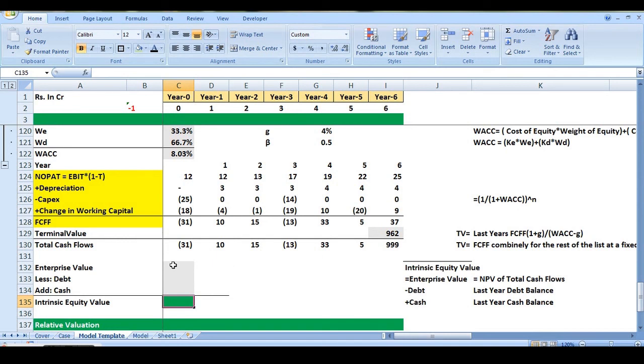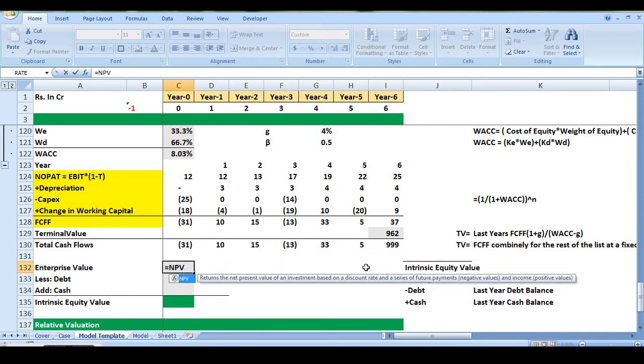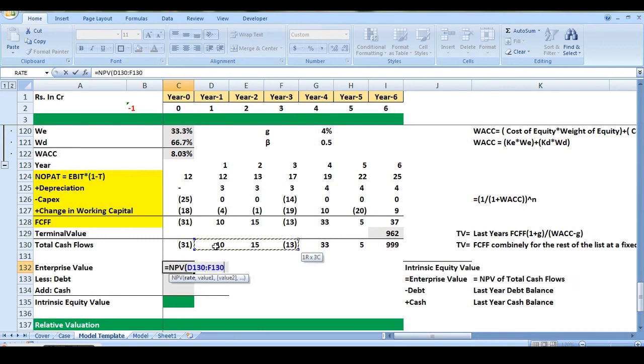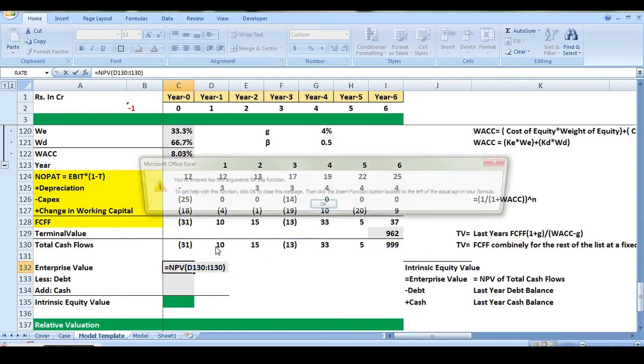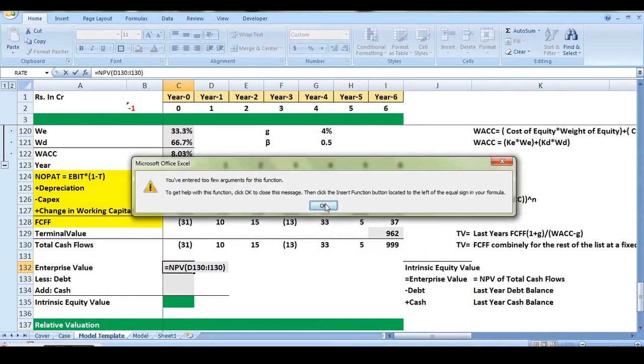Now enterprise value is equal to net present value of all the cash flows, but always consider cash flows from year 1 only and use the NPV formula. Those who have followed my Excel videos, they know how to calculate it. Simply take the values from year 1 to year last and calculate the NPV.